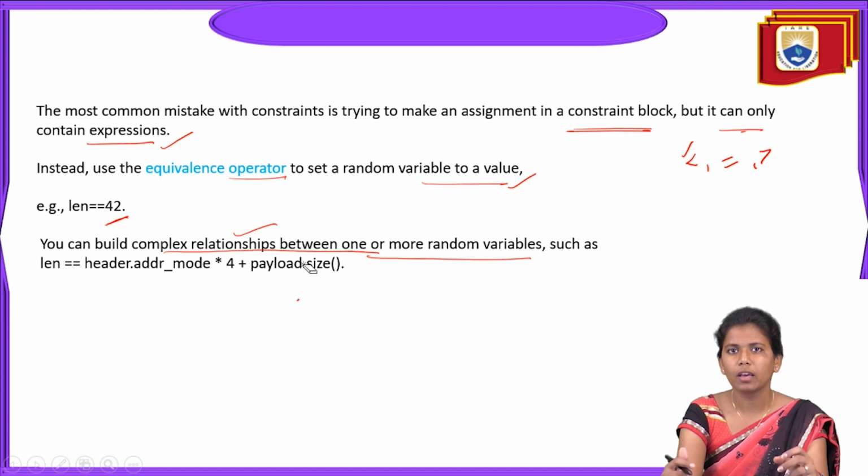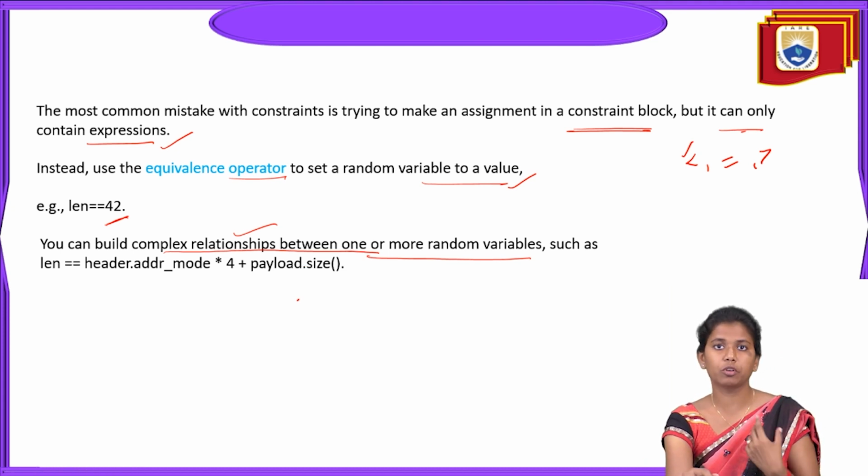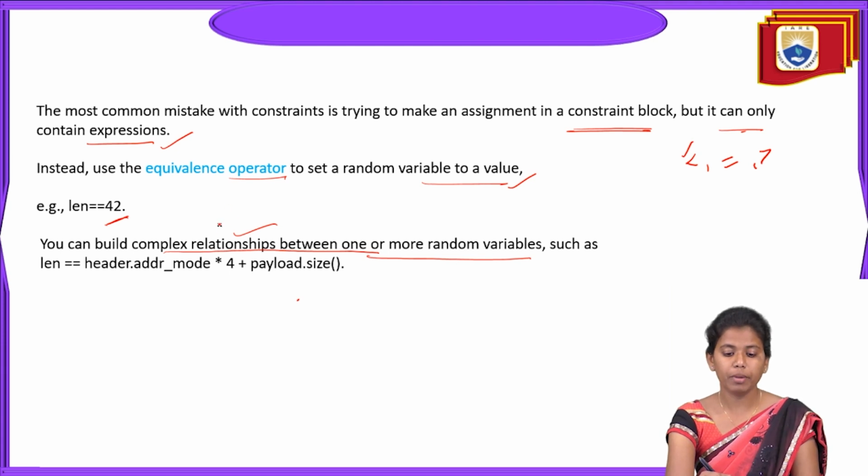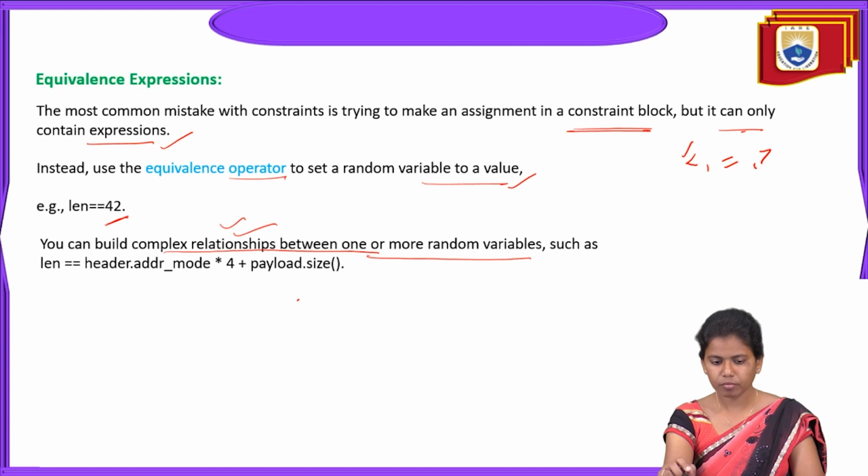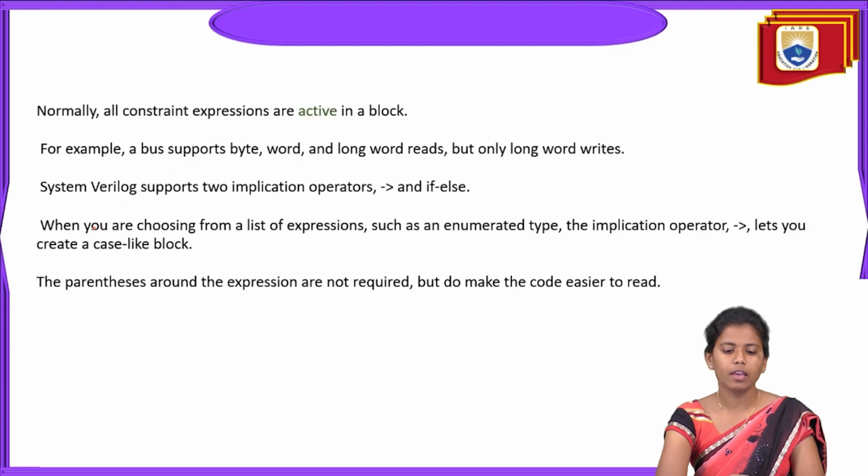So not only can we use one relational operator in the given expression, but we can also make use of many complex relationships between the variables. So this is nothing but the equivalence expressions. Using equivalence expressions, this is how we can write the example.